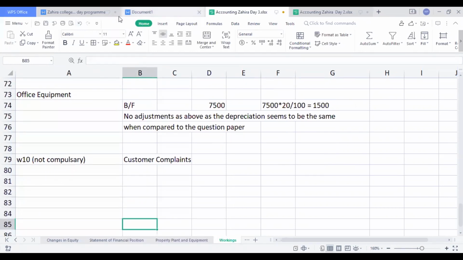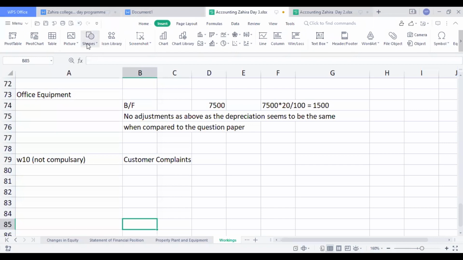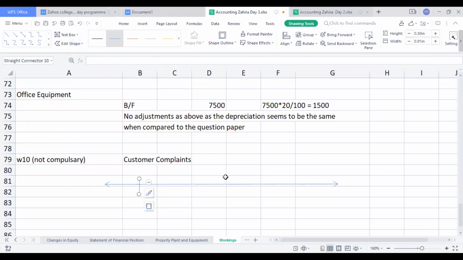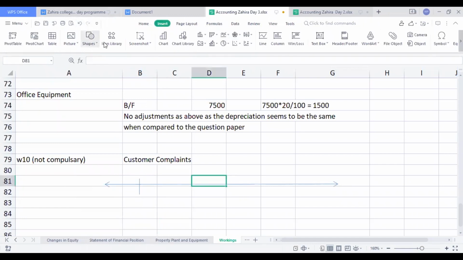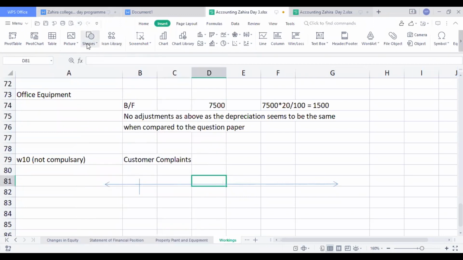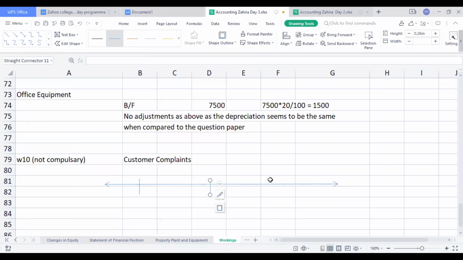Now I'll take a timeline. I'll show you how it works, guys. So let me take this as a timeline. I'm going to put a few shapes in between. One here. Then I have one here. Then I have one here.